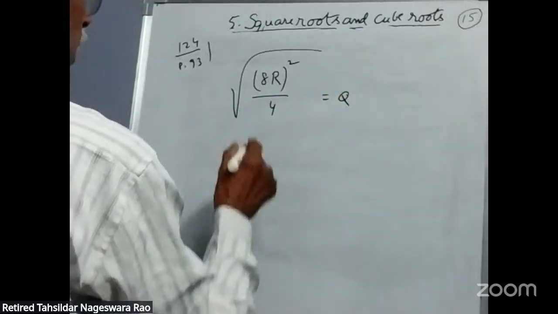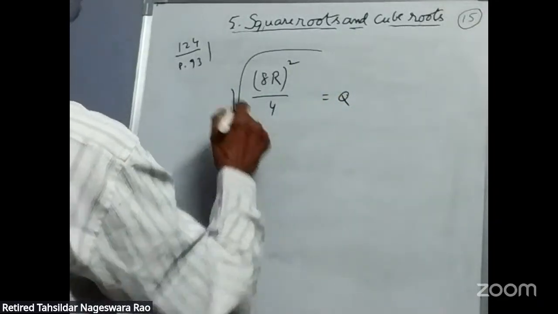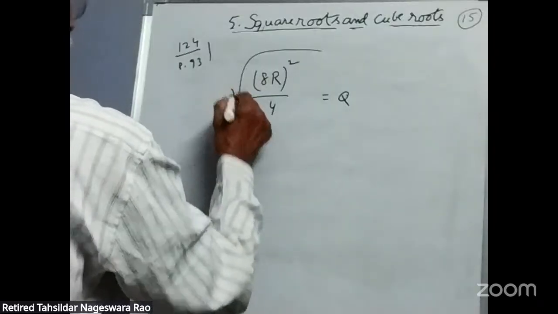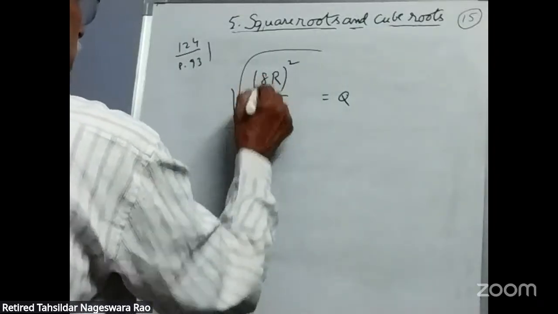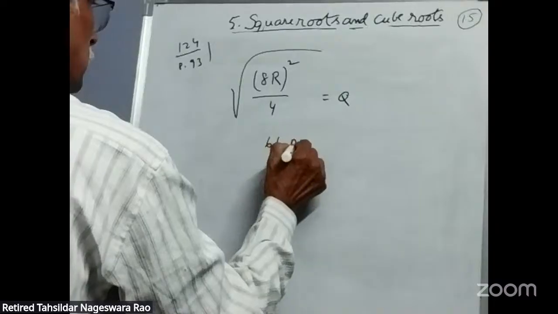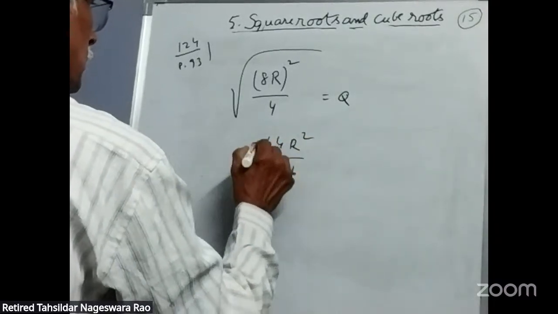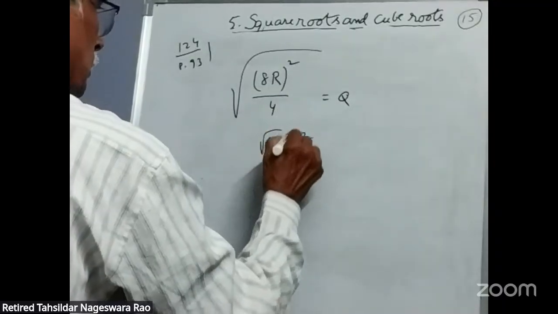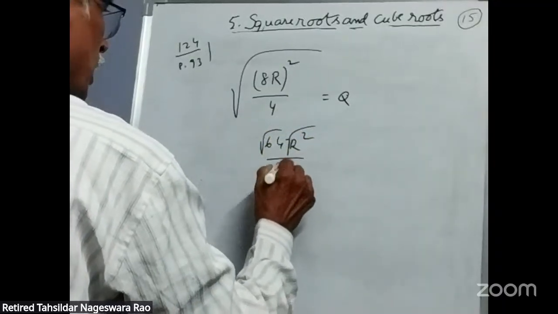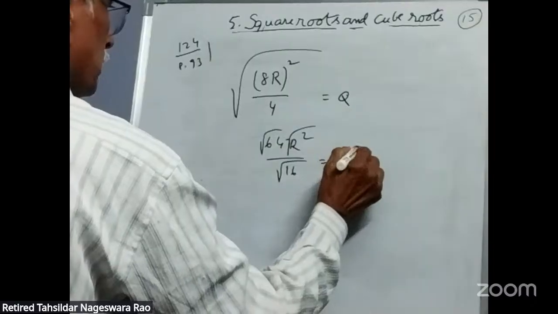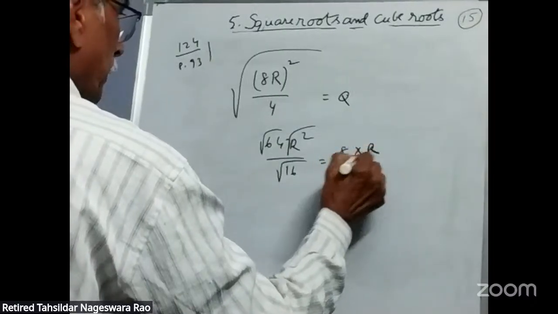Then what is this? You can get 8r squared, which is 64 r square, divided by 4, square root of all. Square root of 64, square root of r square, square root of 4.